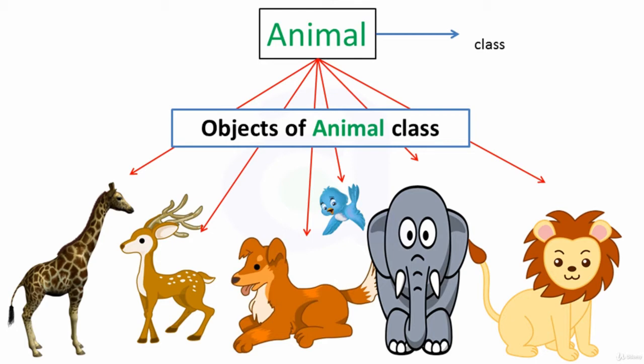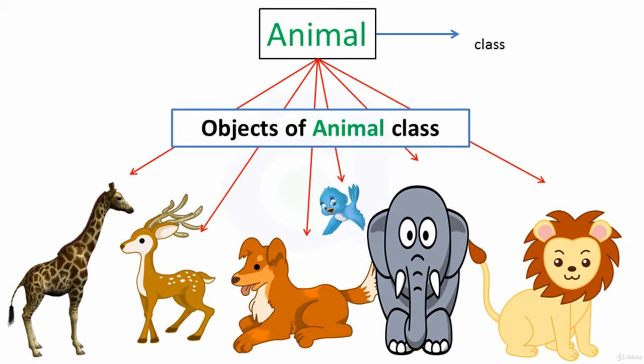Class is a category, simply categorization of components, and we want to divide those things. So just imagine we have a jungle, and in a jungle there is a huge range of animals. So we can have two different classes, plants and animals. The plant class will consist of different categories of plants, which will be divided further into different classes or even objects. Similarly, we have animal class, and in animal class we have different objects.